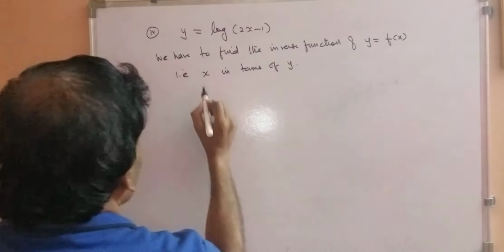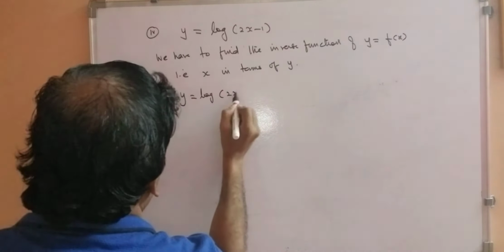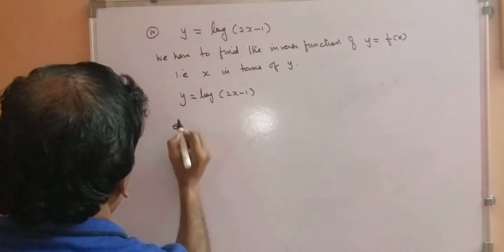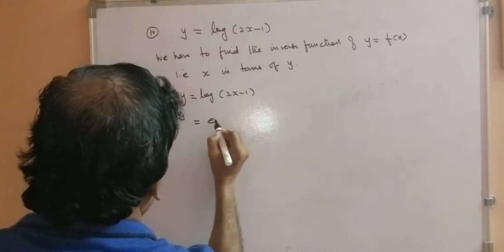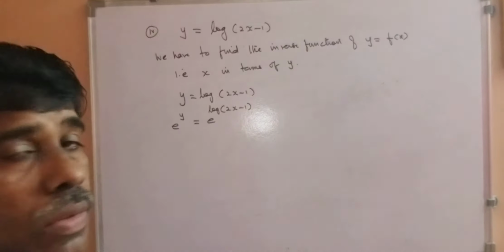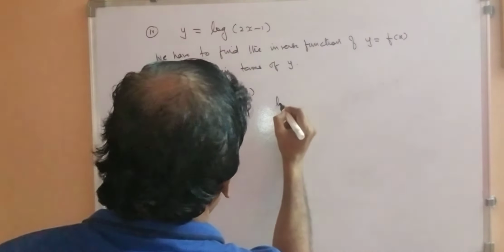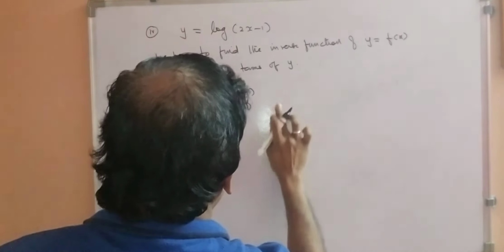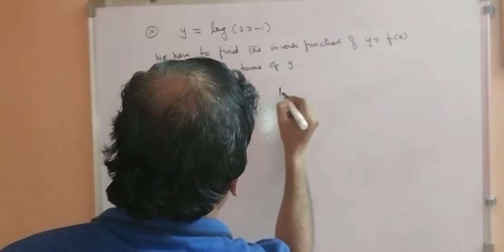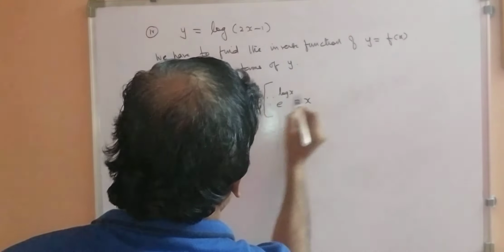Now I'll tell you. See, y equal to log of 2x minus 1. What I do? I will raise to power e on both the sides, right? Now you tell me what is e to the power log x equal to x. This is one formula.